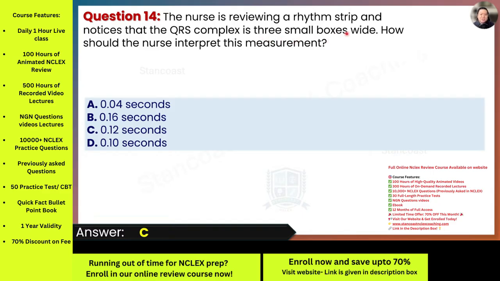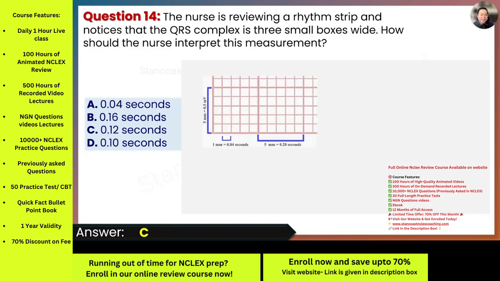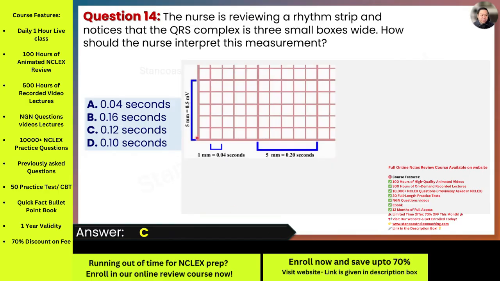So let's break down why letter C is the correct answer. I want you to review here about the boxes. Take a look at the small boxes here. Each small box is 1 millimeter, which is equivalent to about 0.04 seconds, right?